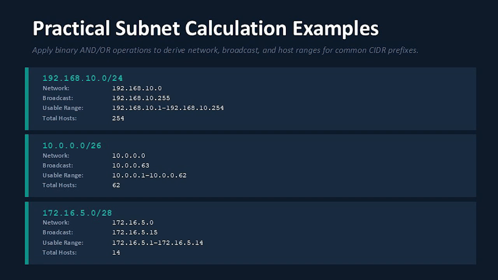And your broadcast is the highest value in there, which is 192.168.10.255. And thus your usable range is 192.168.10.1 to 192.168.10.254. So you can have 254 usable total hosts in there.